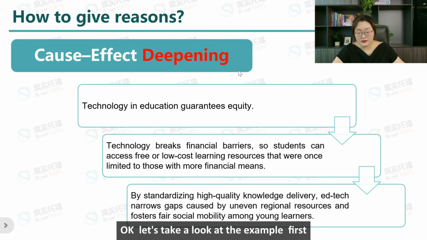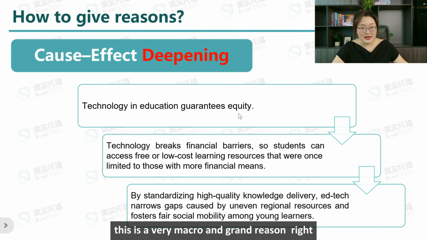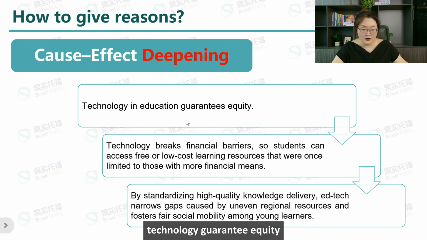Okay, let's take a look at the example. First, we write a major reason that technology in education guarantees equity, right? So this is a very macro and grand reason. We have to make it more precise. So we can think about why. Why does technology guarantee equity?